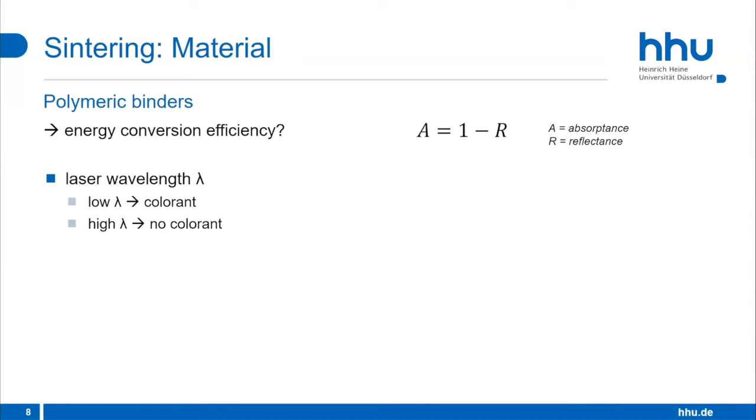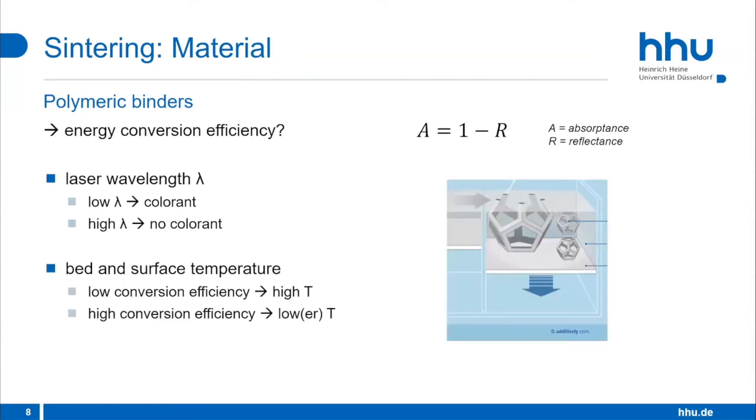And this little amount of colorant needs to absorb all the laser energy and convert it into heat, and then melt the surrounding materials. If you have a high wavelength, for example with a CO2 laser, the energy is directly absorbed by polymers. So this is what would probably be preferred for pharmaceutical 3D printing if you want to use thermoplastic polymers.